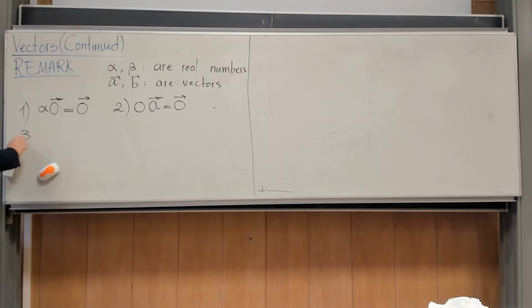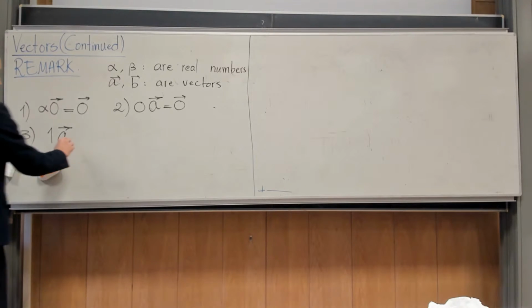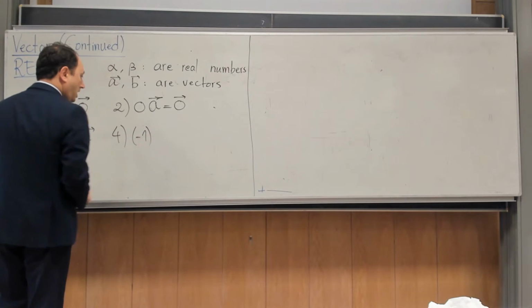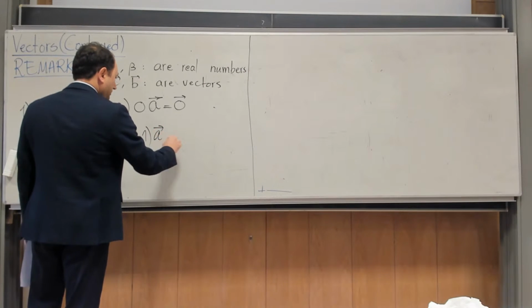Number 3. What do you think will happen if I multiply 1 by any vector? It's the vector itself, and it is natural. Then number 4, what will happen if I multiply -1 by my vector?